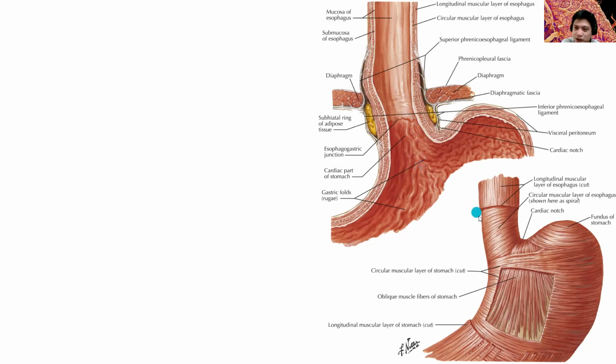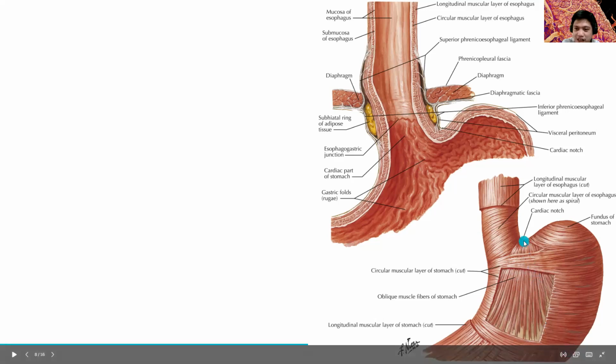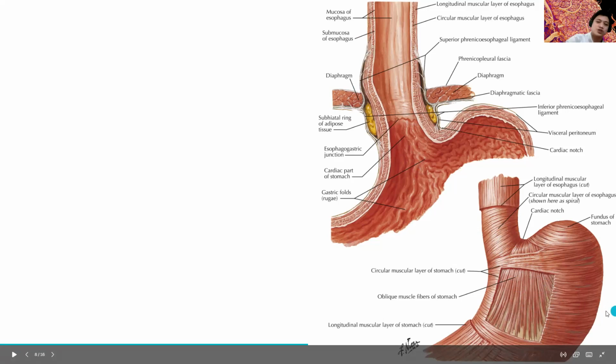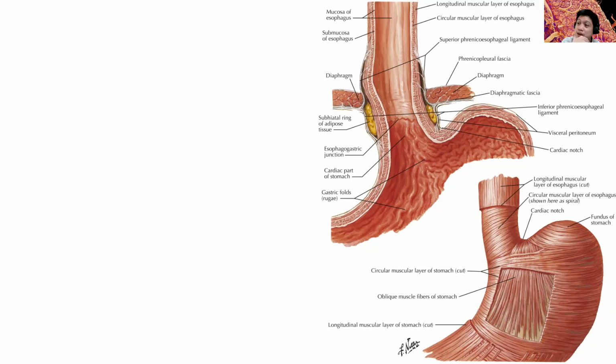But what's special about this picture is that it also shows you how the muscles of the stomach are oriented. No? Meron kayong muscles na obliquely oriented. No? Oblique means slanted. And then you have circularly oriented. No? Then you have longitudinal. So yung stomach, it's special because it has many layers.